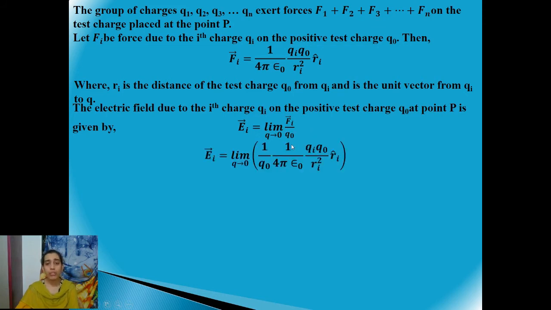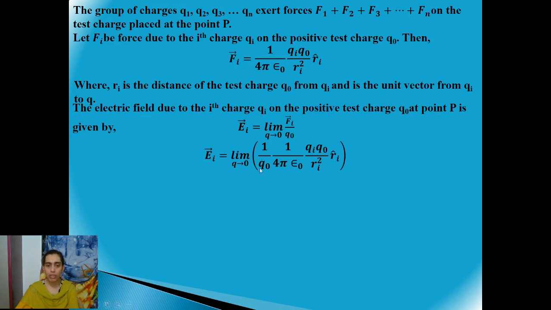So in this expression, if I substitute the value of vector Fi from the above equation, we get this equation. Vector Ei is equal to limit of Q naught tends to 0 of 1 over Q naught into 1 over 4 pi epsilon naught Qi Q naught divided by Ri square into Ri cap.